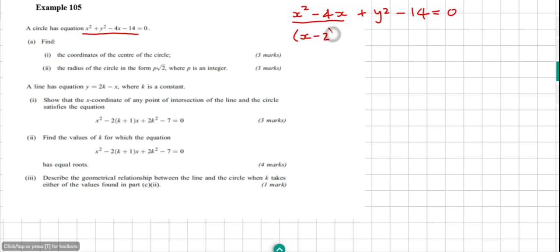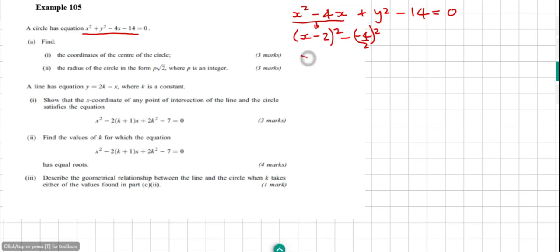So x minus 2 in the bracket, all squared, and then I'm going to take away this coefficient halved and squared. So in other words, it's going to be minus (4 over 2) all squared. So I'm just looking at this part at the moment.